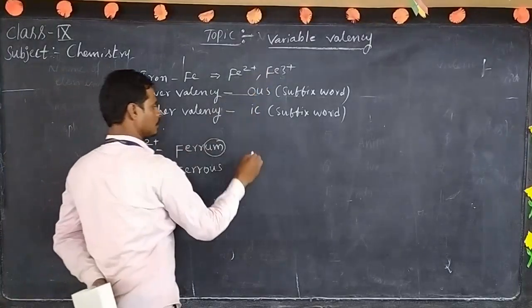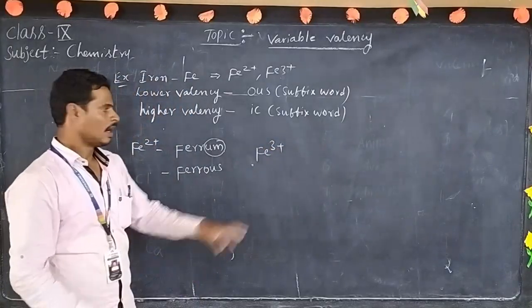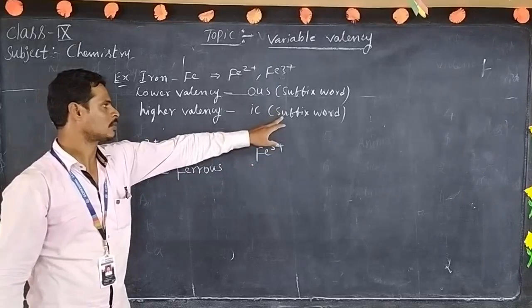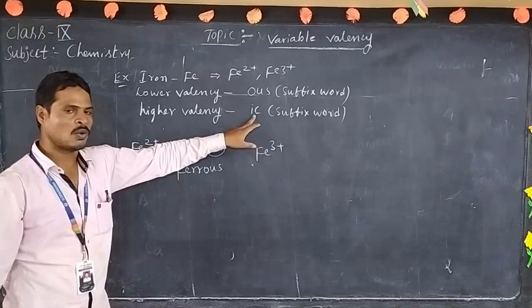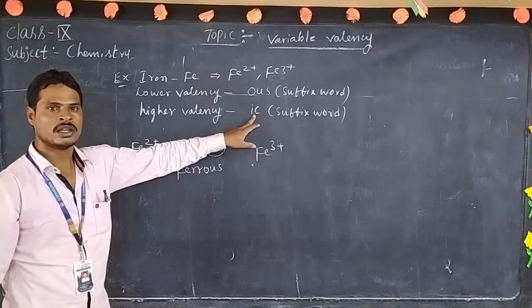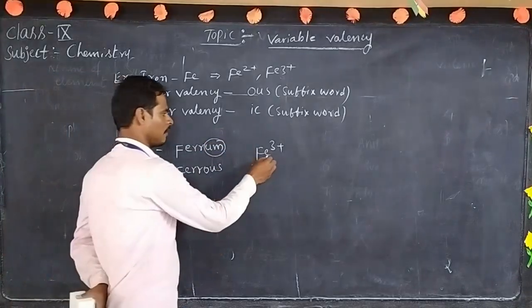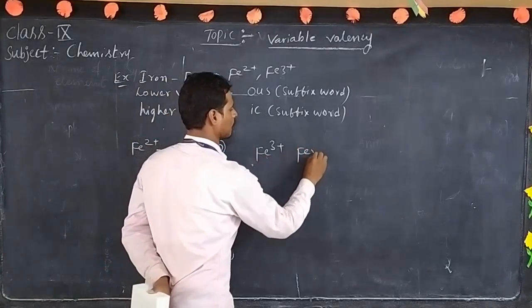Next, take this one, Fe3+. It is the higher valency. That's why the suffix used is the -ic form. The -ic form is attached to the end of the name of the element. What is the name of the element? Latin name of Fe? Ferrum.